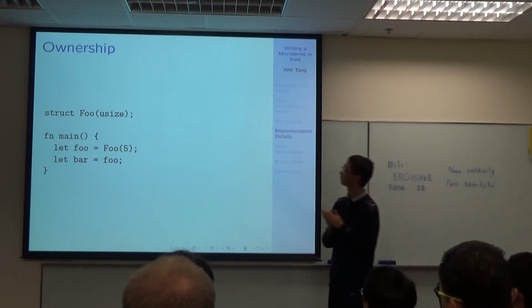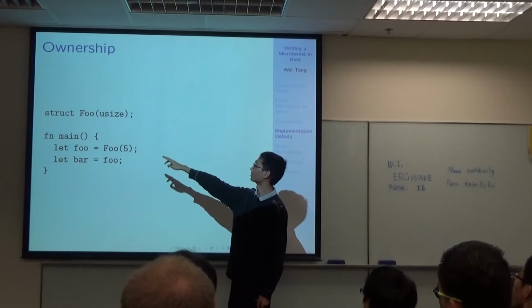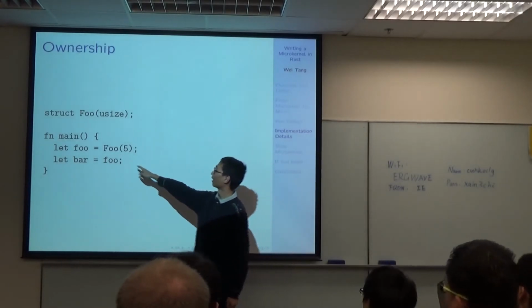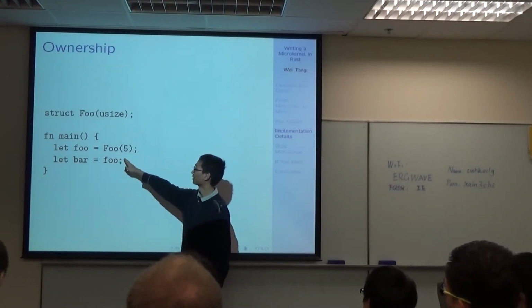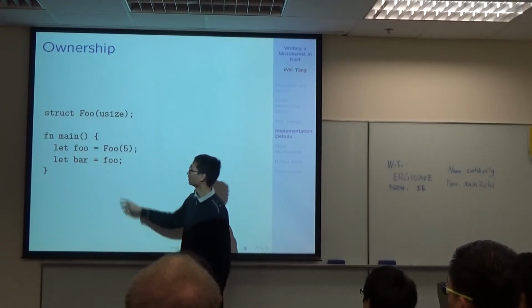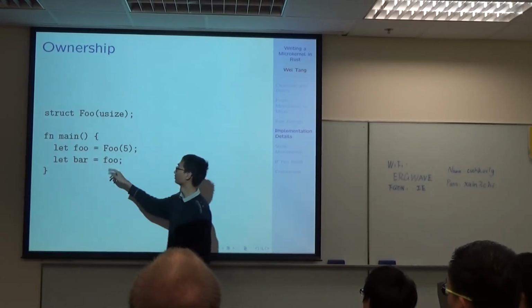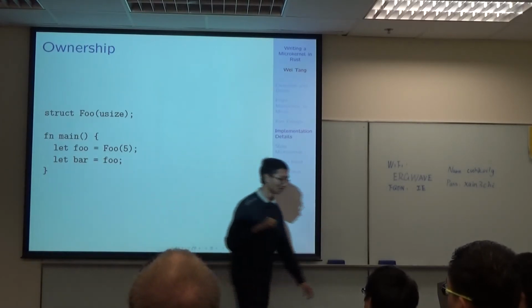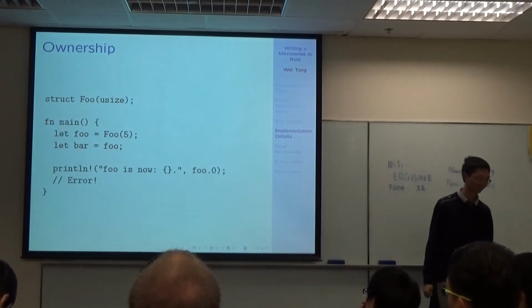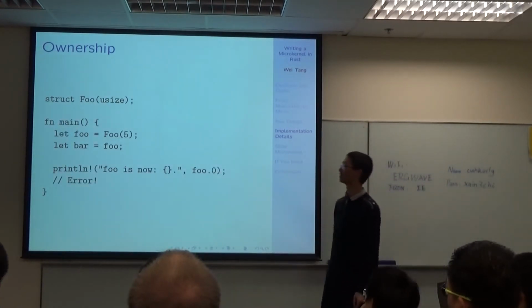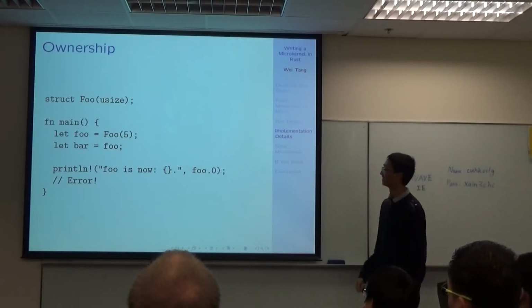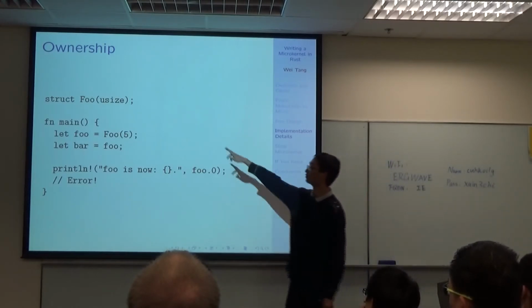Here, if I have a struct Foo, and I initialize this struct to a variable, and then I assign var to foo, and now I do something like this, it will tell me there's an error because foo is now moved.